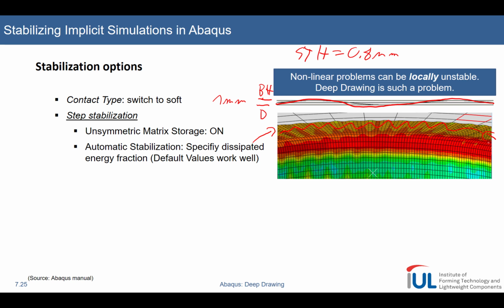And this is critical because such a waviness is very similar to a buckling problem actually. And a buckling problem means that at a very specific point in time, some of the nodes change their acceleration almost instantaneously. And this is exactly the point where you will see those convergence issues emerging.